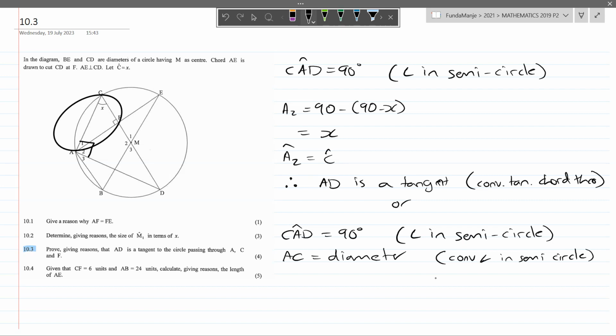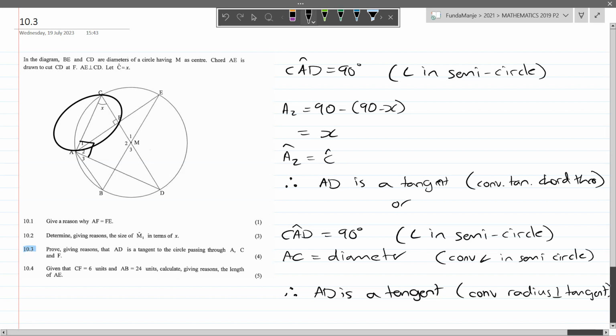So that's the converse theorem for the semicircle. Now if this is true, then immediately from this we could deduce that AD is a tangent. And the reason here is the converse of the theorem that states a radius or a line from the center will perpendicularly bisect a tangent.